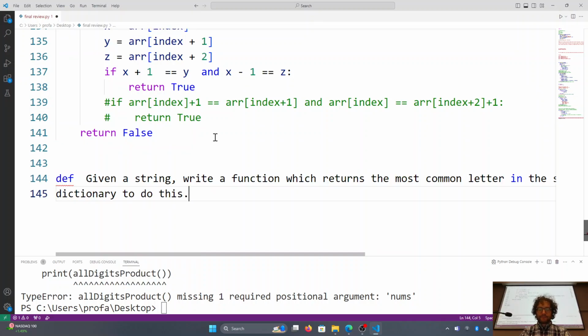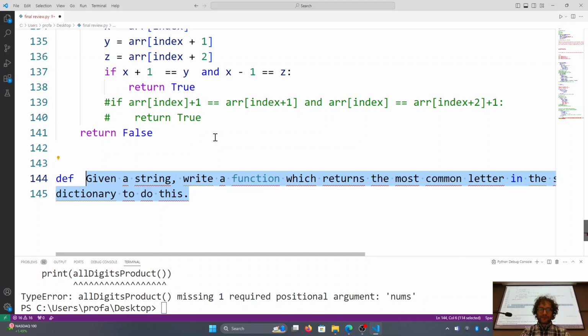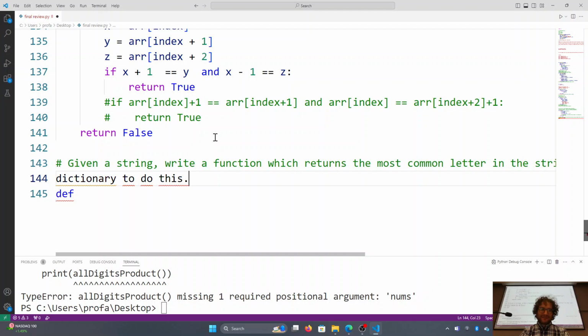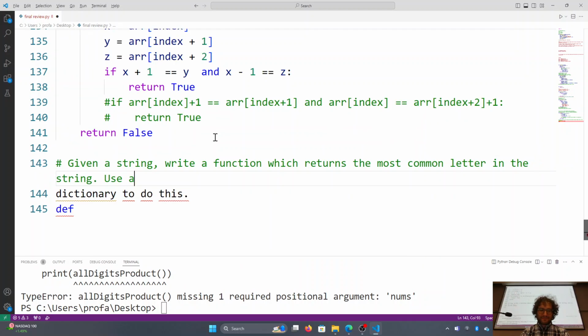Def. No, not def. I get it. I'm tired too. So here we go. Use a dictionary to do this. So def most common letter. I know I've done this one as a practice problem before, but I will go ahead and do it anyway.